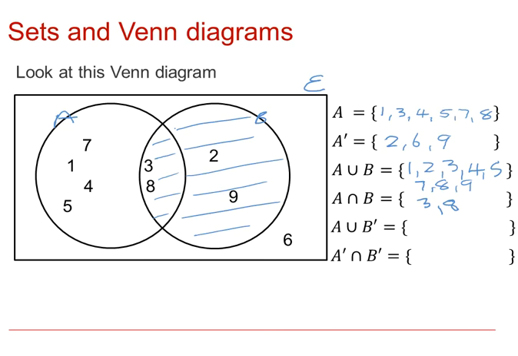But together with the numbers in A would then include back the 3 and 8. So 1, 3, 4, 5, 6, 7 and 8. And then A not intersection B not would simply be the 6.